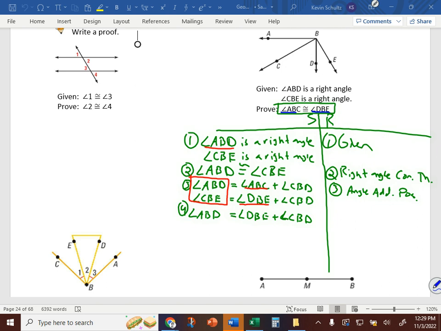We understand that ABD is congruent to CBE, yes? Which means that if CBE is congruent to DBE plus CBD, then ABD must also be congruent to DBE plus CBD. We've substituted ABD in for CBE.